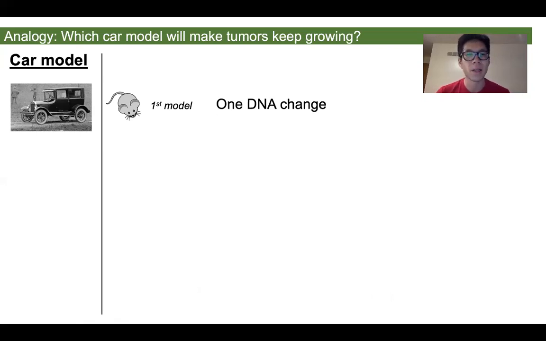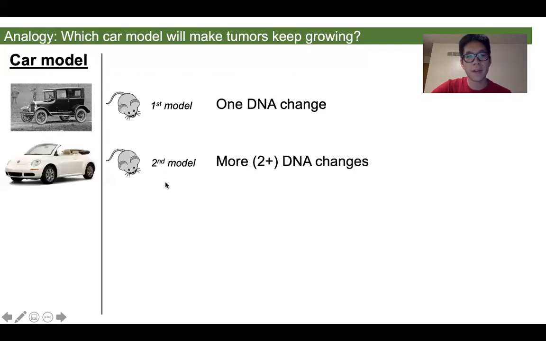If you think of a model, you can think of it as a car model. When I joined the lab, we had a first model with one change in the DNA. You can refer to it as the Model T, a very preliminary, very initial car from the past. As I progress in my PhD research, I've incorporated a second model, an upgraded one, kind of a Volkswagen, with two or more DNA changes in our mouse model.